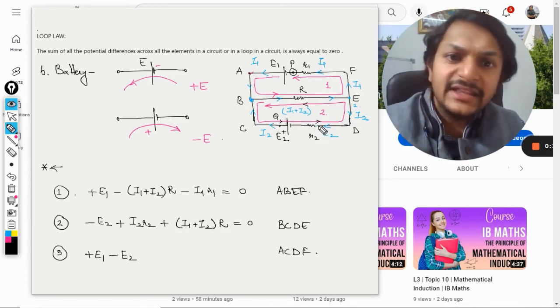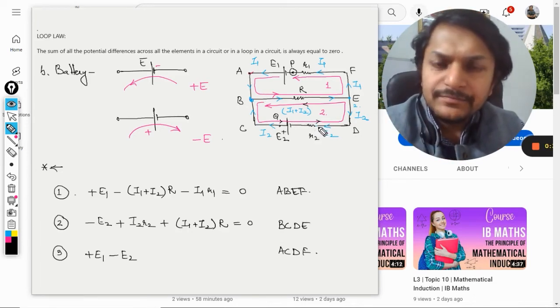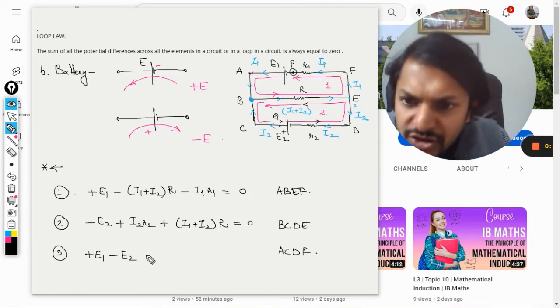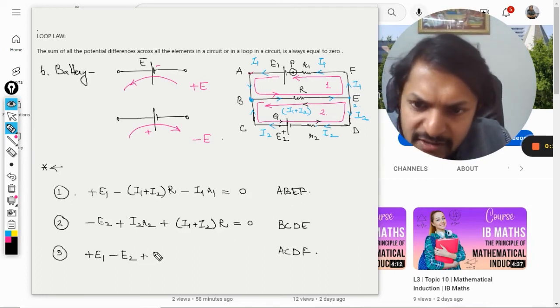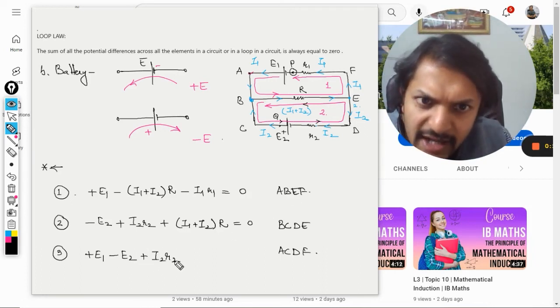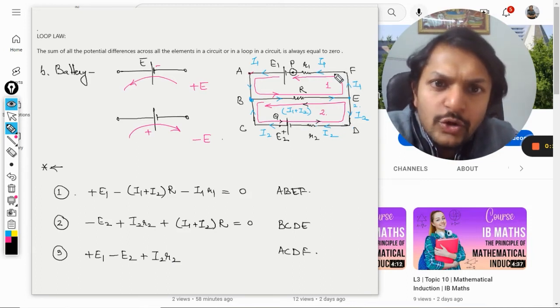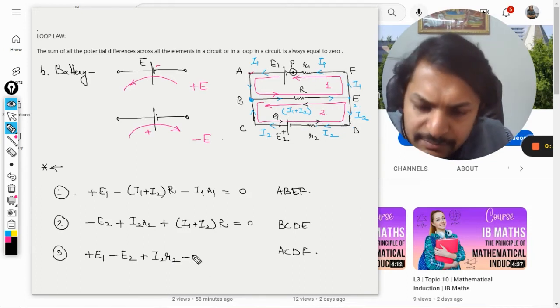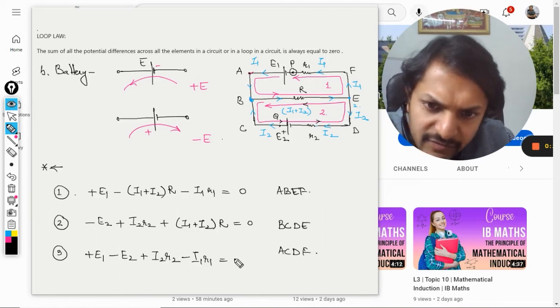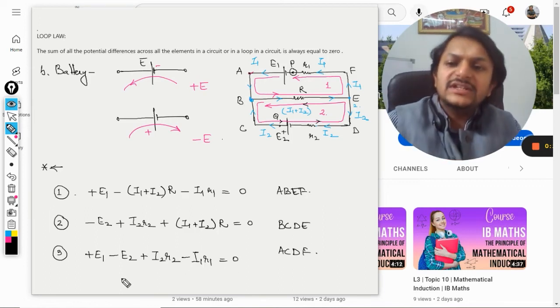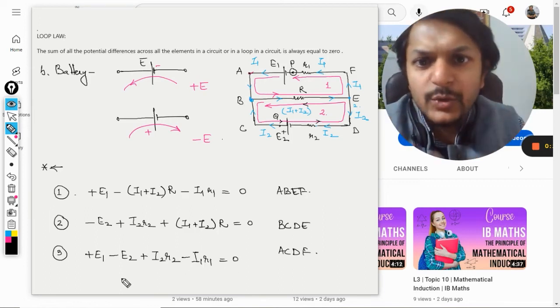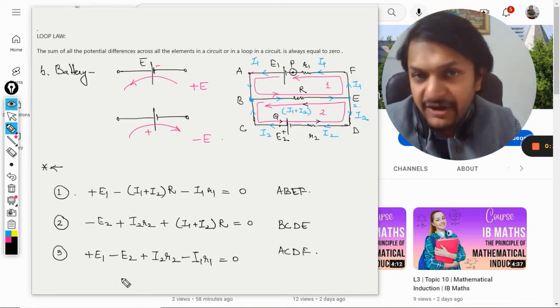But the current and the loop are moving in the opposite direction. So I am going to add I2R2, and then this loop goes here, and now the direction is the same, minus I1R1 equal to 0. So this is how we write the third equation, and the loop is ACDF.